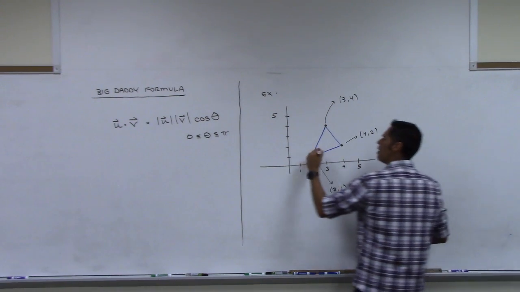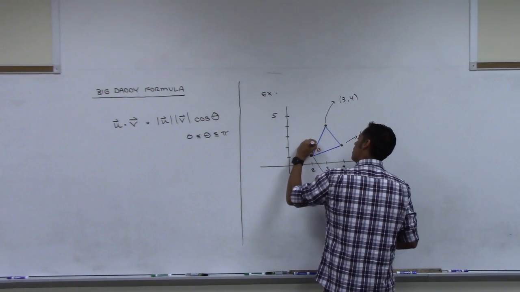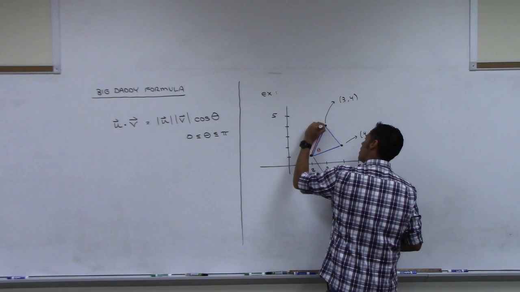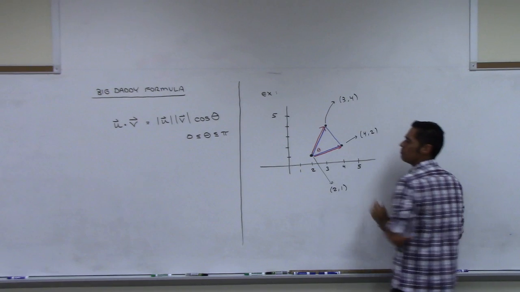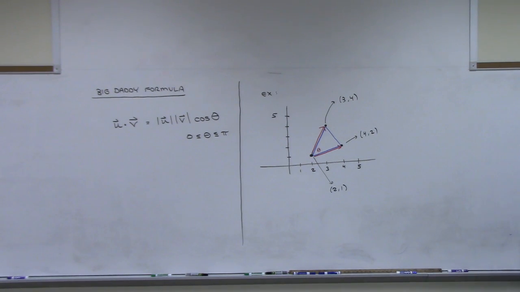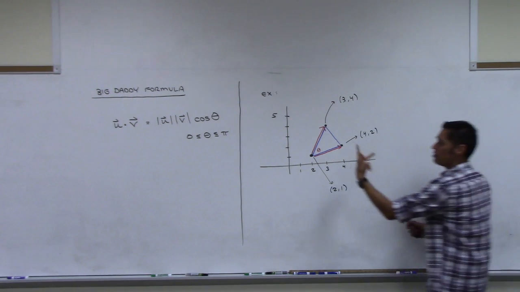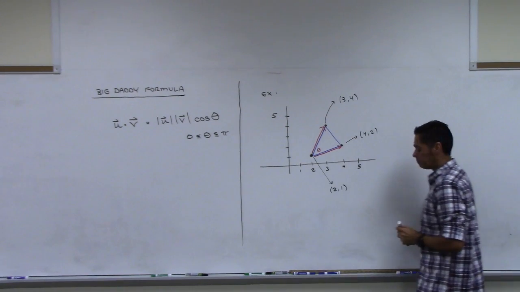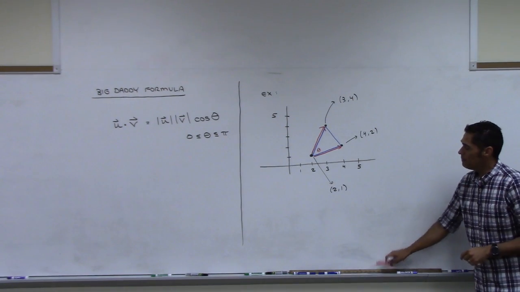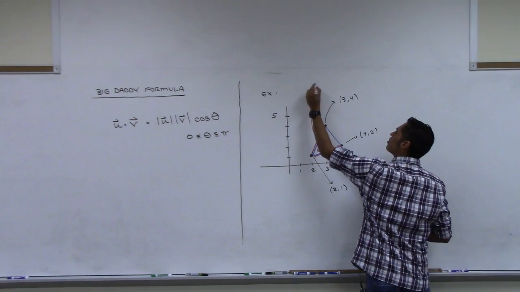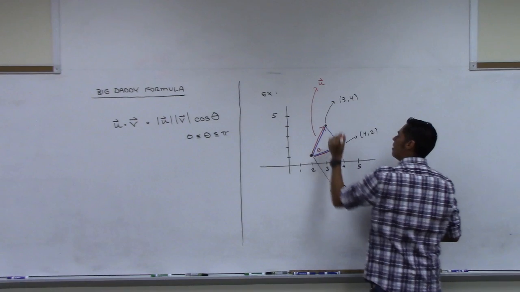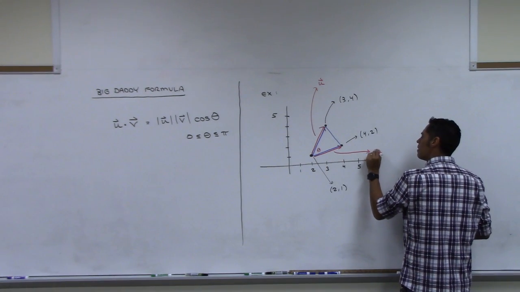Do you see that we could be talking about the angle between a vector that goes from here to here and a vector that goes from here to here? Yes? Do you see the 2 vectors and the angle between them? All right, let's call this vector here u. And let's call this vector right here v.